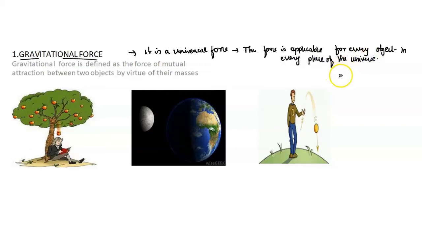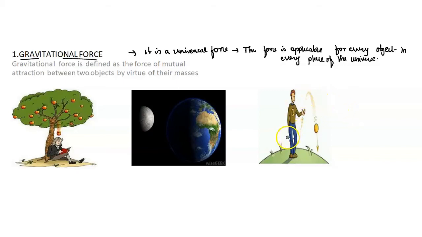If a force is applicable for every object at every place of the universe, then such a force is known as a universal force. Because the gravitational force is applicable for every object in every place of the universe, it is known as a universal force.